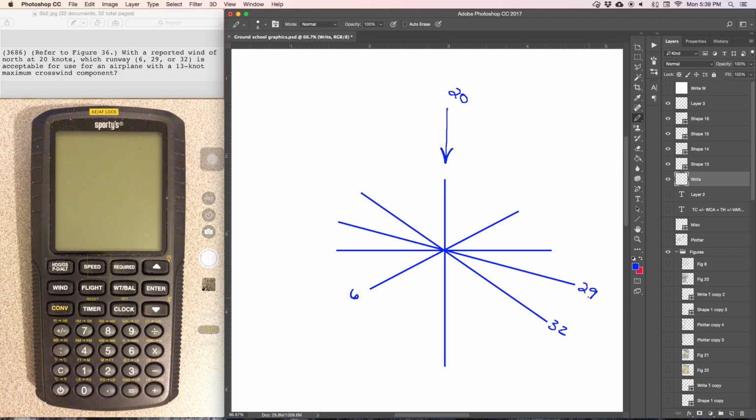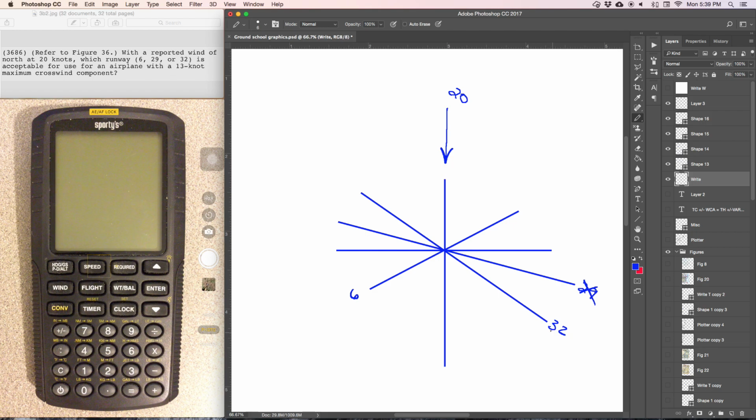I could work every single one of these runways to determine which was best, but I can almost already visually eliminate runway 29 because runway 32 is already more into the wind than runway 29 is.